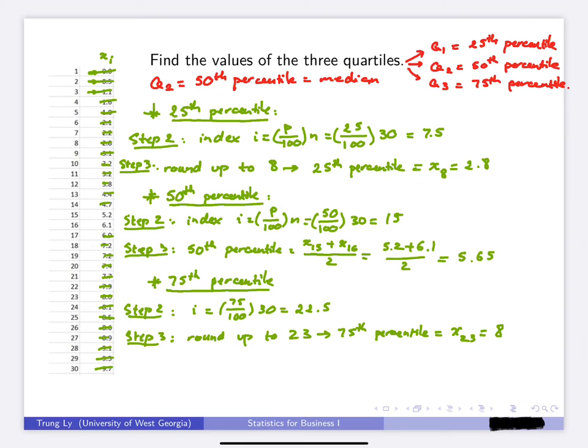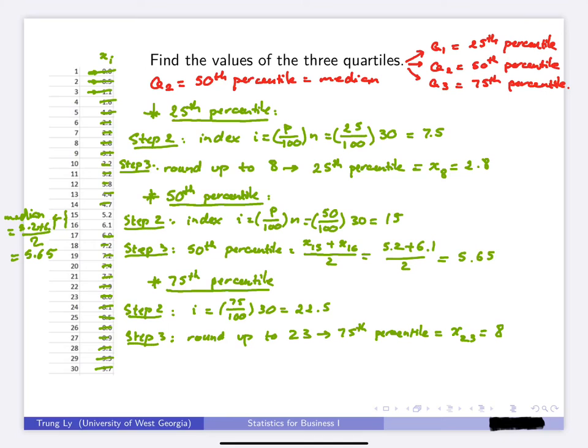Okay, so now we end up with two values in the middle. And from our discussion in a previous video, the median is going to be the average of those two values. Right, so the median will be equal to (5.2 + 6.1) divided by 2, which is 5.65.